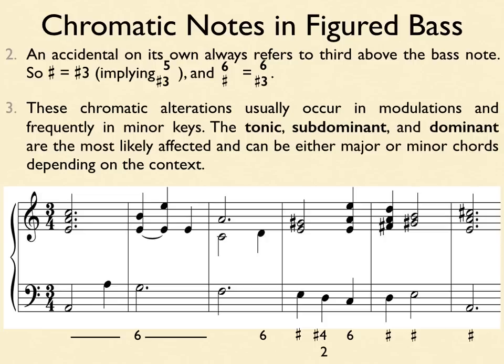In fact, the root is doubled. You have 2 E's, and you have the third, which is a G sharp. So you want to indicate that sharpened third in the bass. And remember, a sharp on its own refers to the sharpened third. And you don't need to write anything else for the chord because it's a root position chord. So again, remember 5-3 can be abbreviated to nothing. So all you need to write in the figured bass for that first chord in bar 4 is a sharp.